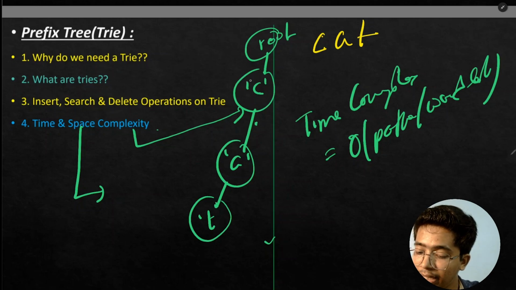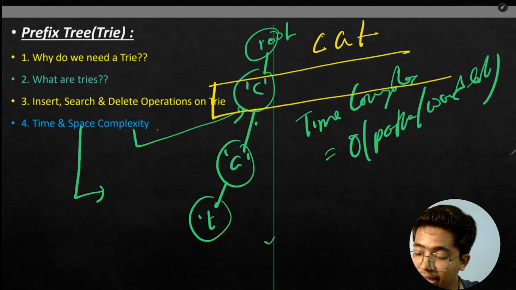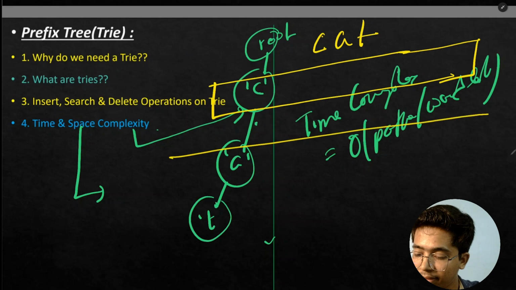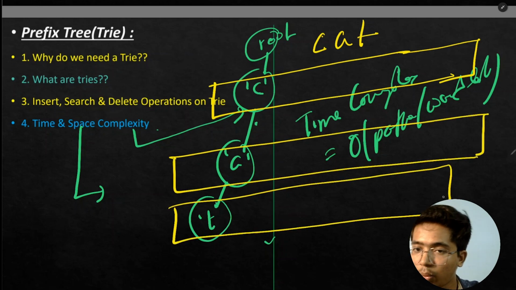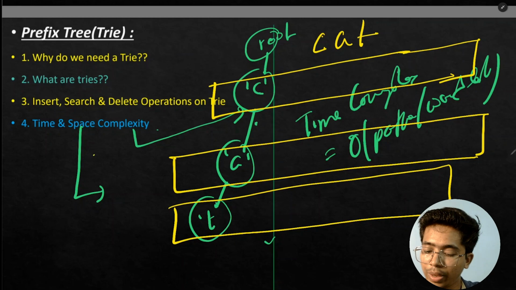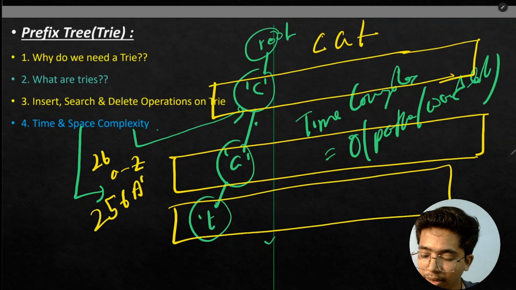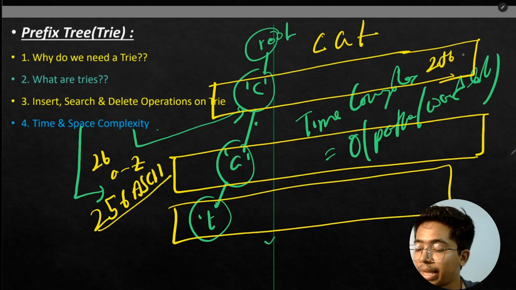For every letter we are inserting 26 pointers. This is when we are only assuming 26 lowercase A to Z. What if we assume all 256 ASCII characters? Then this length will be 256.